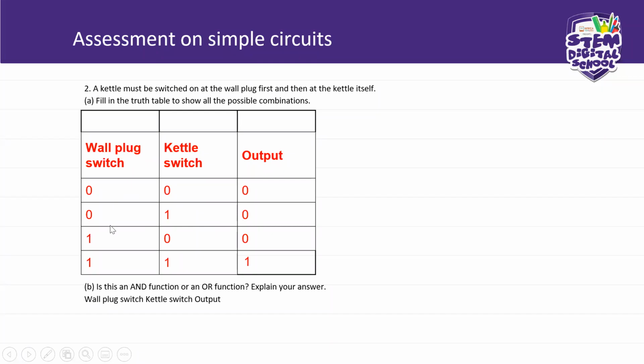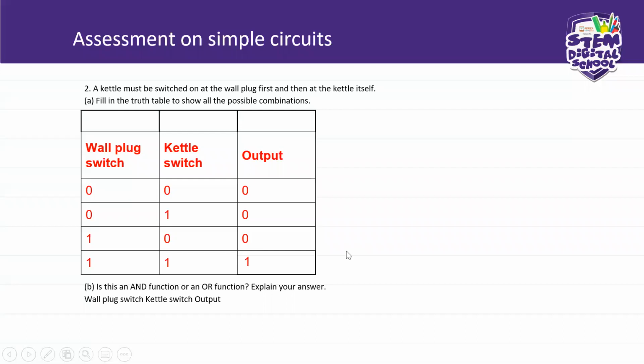When the wall plug switch is closed and the kettle switch is open, there is no output. For an output, you must close the wall plug switch and the kettle switch, then you have your output.